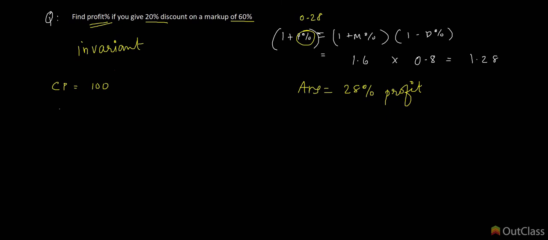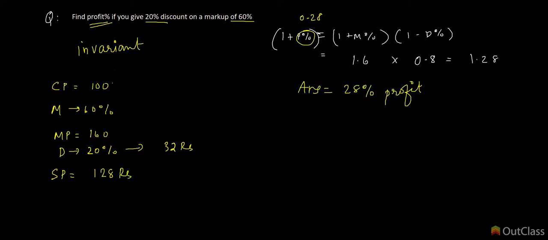So if it's a cost price of 100 and a markup of 60%, then it clearly has a list price of 160 rupees, after which your 20% discount is 20% of 160, which is 32 rupees, which means that after the 32 rupees discount, your sale price is going to be 160 minus 32, 128 rupees.